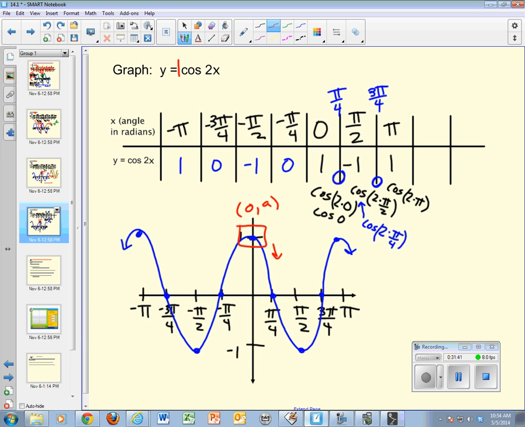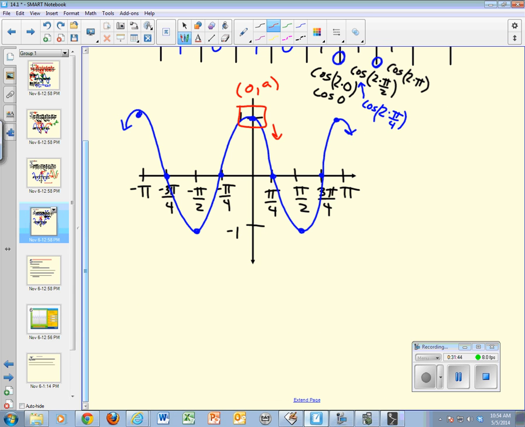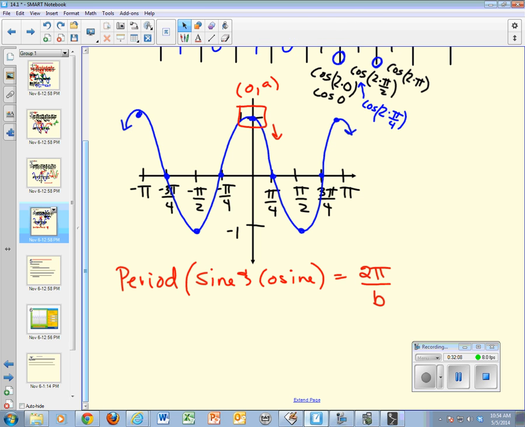So there's an equation for the period, and this goes for sine and cosine. And this is something you absolutely have to know. Highlight, underline, star, whatever it is. The equation is going to be 2 pi over b. Now we already talked about a, so we have an equation that's a times the cosine of bx, where b is the number coming before that angle.